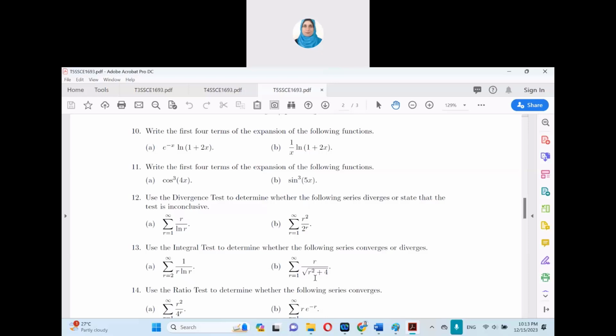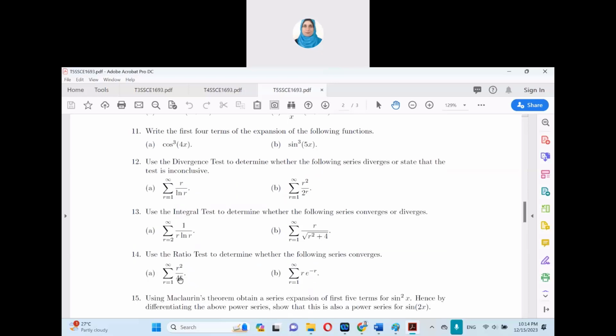But never mind. The integral test is for decreasing functions. Here you can use the divergence test and take the limit. Here the limit should be 1, not 0, so it diverges. The divergence test is working here.